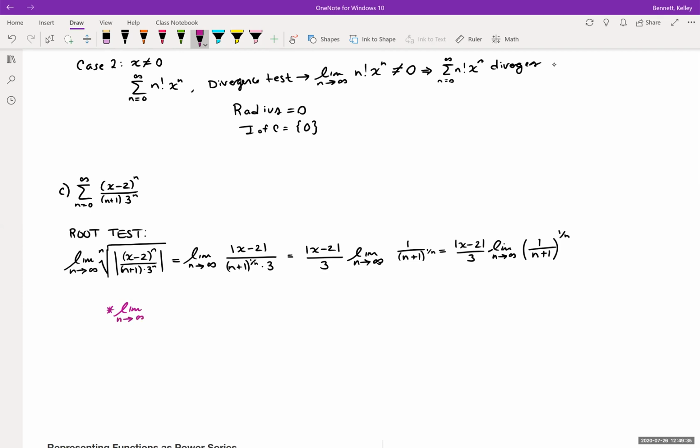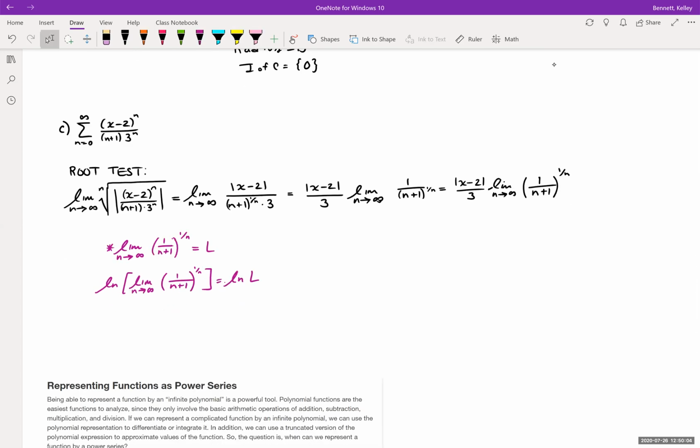We'll let the limit as n goes to infinity of (1 over n plus 1) to the 1 over n equal L. And then I get the log of the limit equals the log of L.